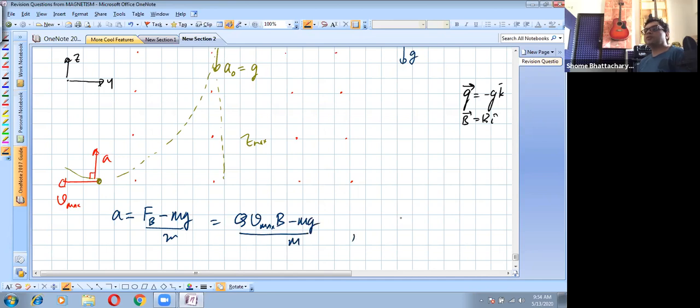Now, from the property of cycloidal path, we know that this is this. So we have our first equation from that.